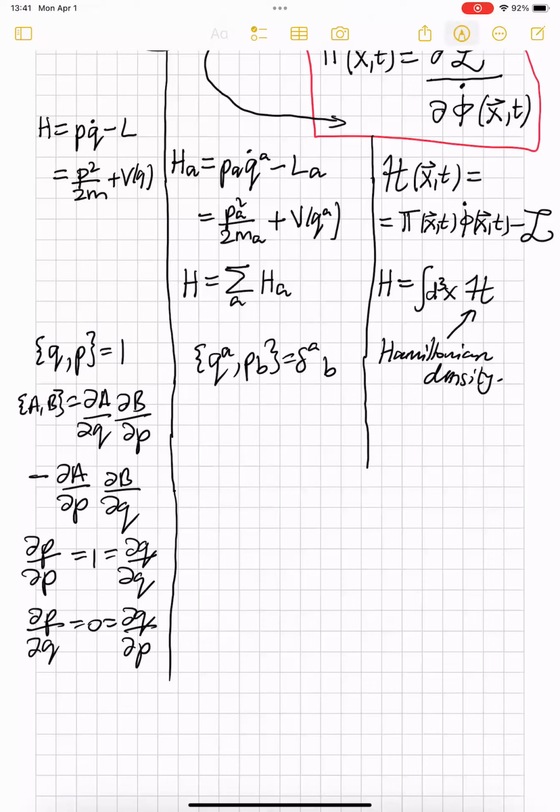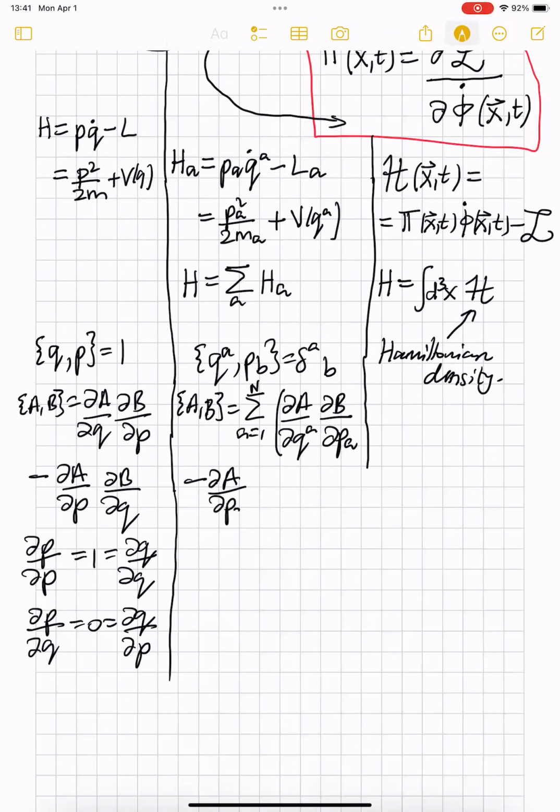For the case of n particles, what is the Poisson bracket? Well, the Poisson bracket between A and B would be equal to, now we would have a sum over the n particles, and we would have dA/dQ_A dB/dP_A minus dA/dP_A dB/dQ_A.